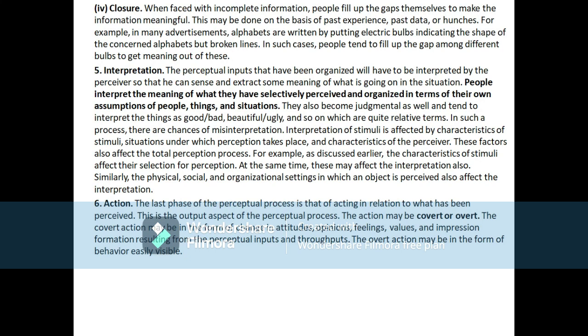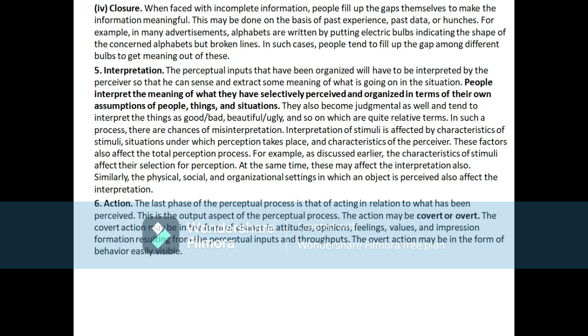Interpretation also will be affected by characteristics of stimuli, the situations under which perception takes place, and characteristics of the perceiver also. So different factors, like I said before, internal factors, external factors, will all affect the time of perceiving.